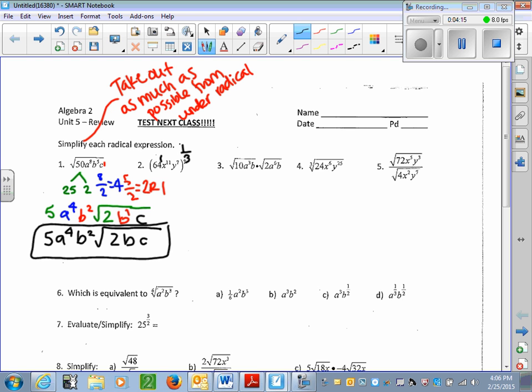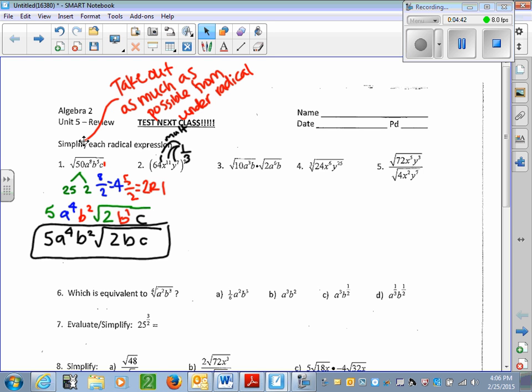So I need to distribute this 1/3 to every exponent inside the parentheses. I distribute it by multiplying. So I will end up with 64 to the 1 times 1/3, which is 64 to the 1/3. Put that in my calculator. Then 11 times 1/3 would give me 11/3. Okay? So that gets you started on that one. All right, number 3.